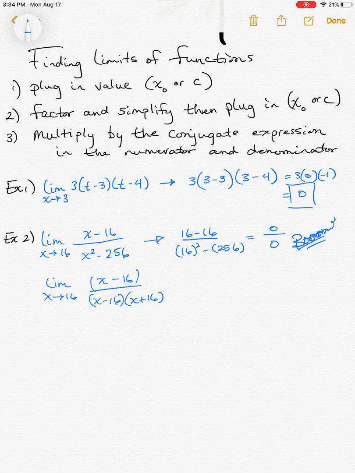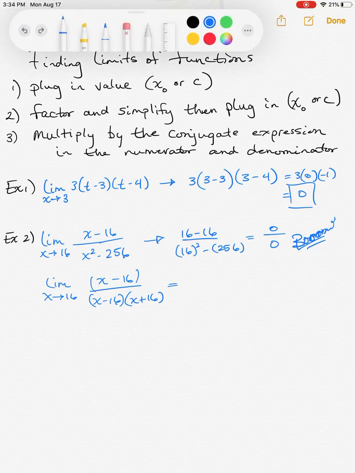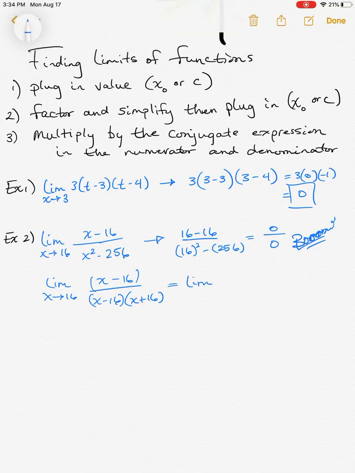All right, so that equals x minus 16 over x minus 16, that is reduced to 1. Oh, and I left out something that is very important: the limit as x approaches 16 of 1 over x plus 16.